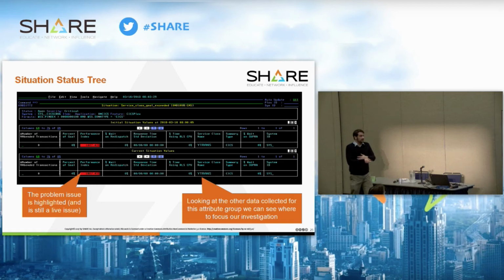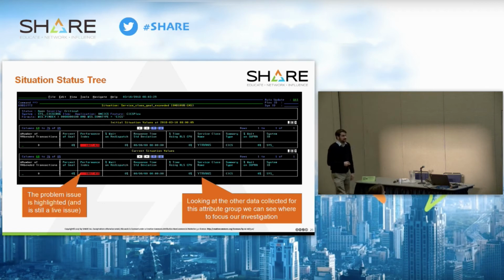We can see that this is looking at CICS service class information, and we've got a really bad performance index here that exceeds the threshold. This is the state when it initially happened, and we can see in this bottom one, it's still a live issue here.